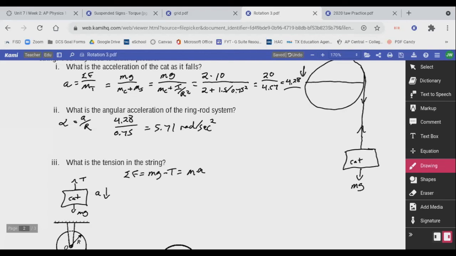If I rearrange this, I would get what? T is equal to mg minus ma. So then T is equal to 2 times 10 minus 2 times, what do we get for 4.28?